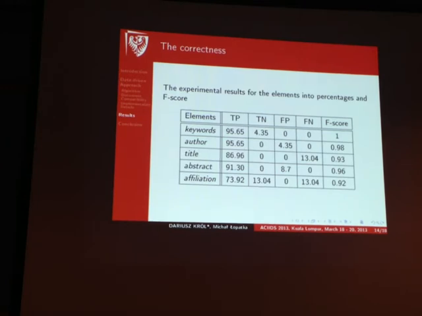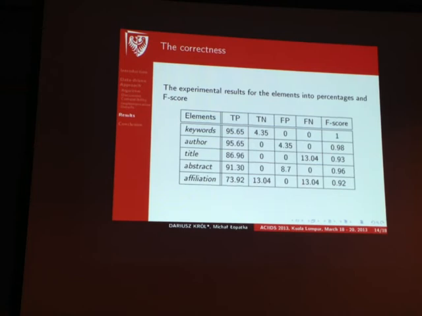And if we see authors, next one, authors, titles, and abstract, authors and abstract are also a very good indicator, but not so good is affiliation from only the first page. And now you can understand why the IEEE checker for style is not so good, even if we optimize the algorithm in some way.